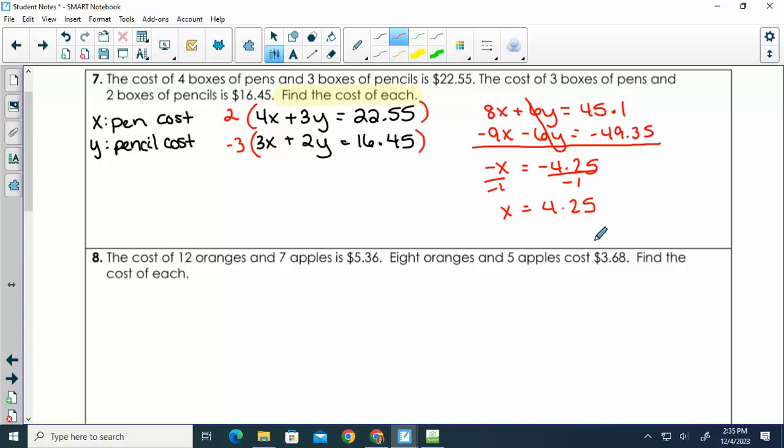So then, how do we get y? Substitute it back in. 4 times 4.25 plus 3y equals 22.55.